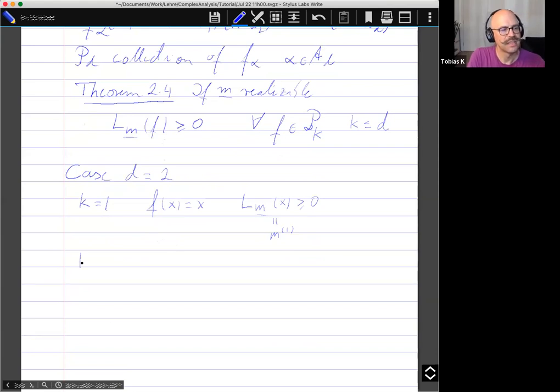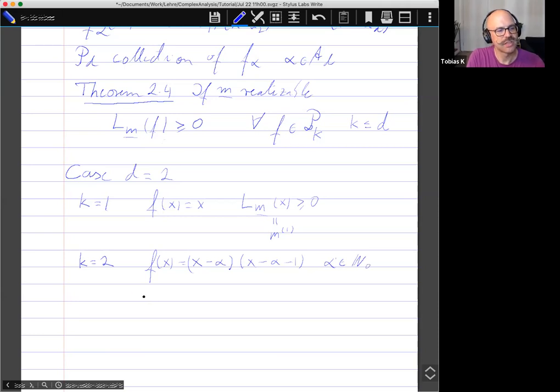In the case k equal to 2, the polynomials look like we had before: x minus alpha, x minus alpha minus 1, where alpha is a natural number.